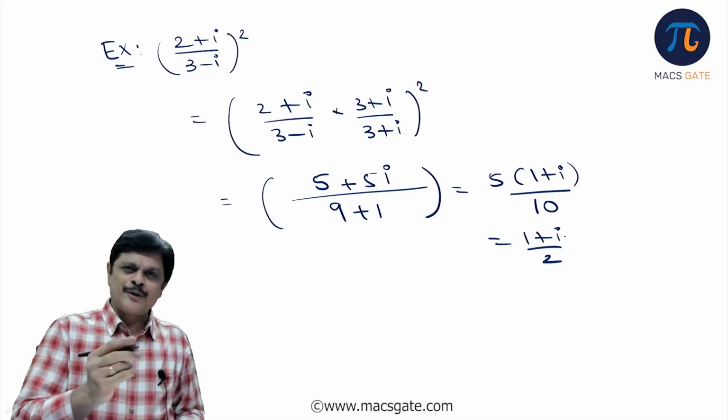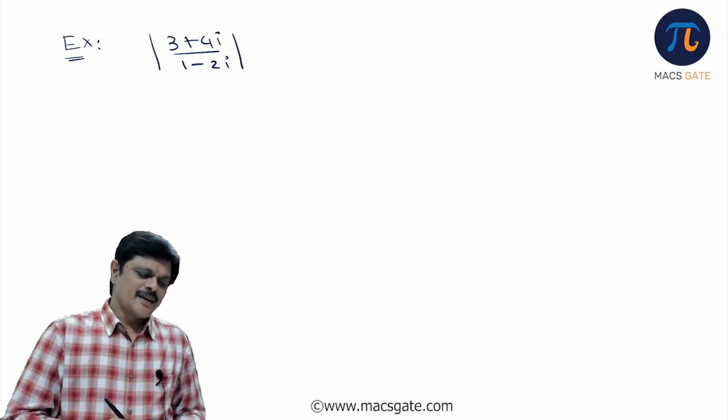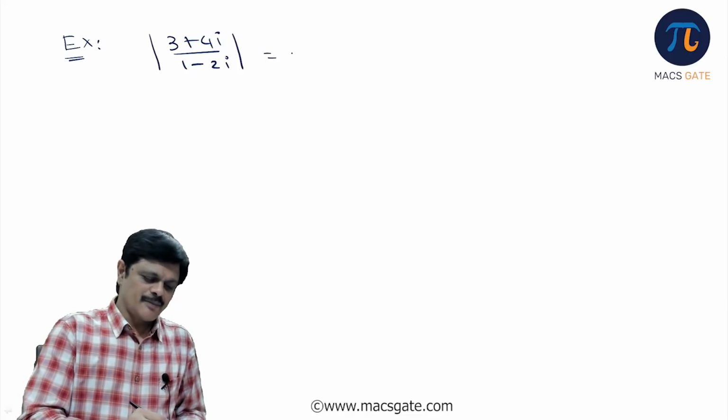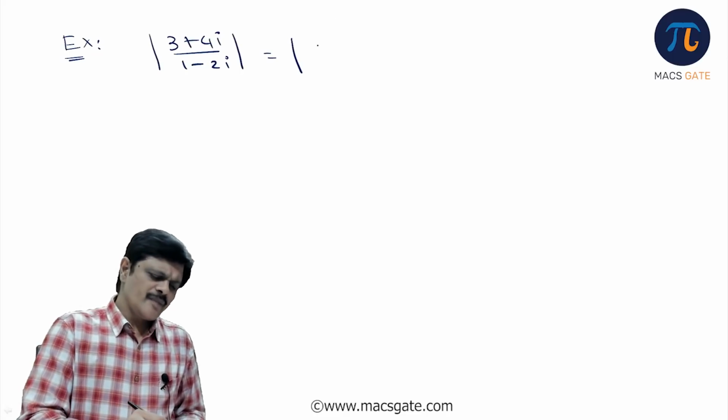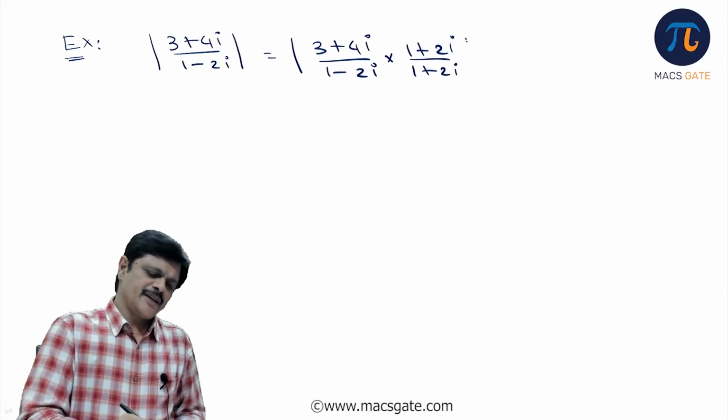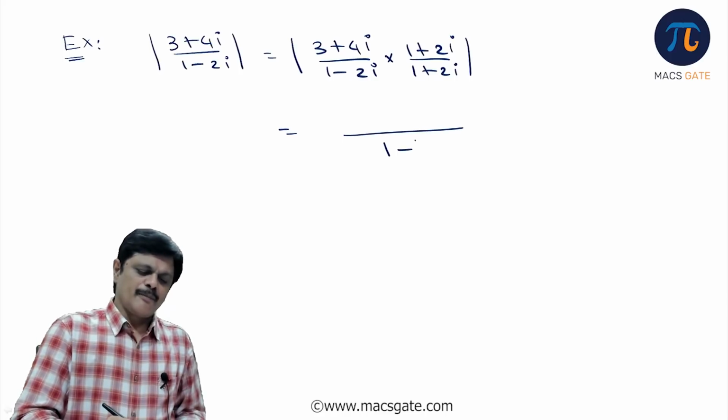See, please be careful while doing calculations. He is asking the modulus of this number. So first you write it in a plus ib form, obviously then under root a square plus b square. So what you do, (3 plus 4i) by (1 minus 2i), multiply and divide by (1 plus 2i). So what happens, sir? Denominator is 1 minus 4i square, that is plus 4.